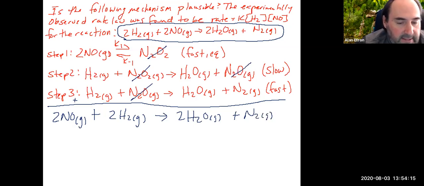So in comparison, what we get when we add up all these steps and cancel out everything along the way, we do see an overall reaction that does match the one that we're looking for. So far we're doing all right here in terms of this mechanism. It is looking good so far. We also can see that the N2O2 does not appear in the overall reaction, which means that it is an intermediate.